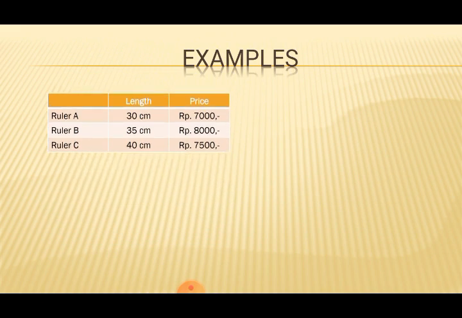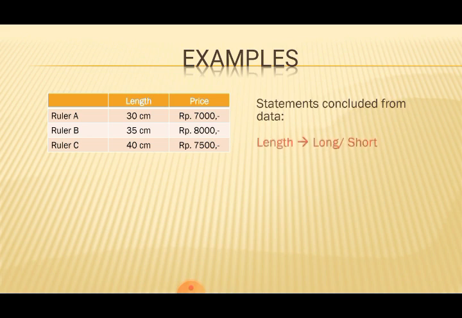Okay, now let's learn through the examples. I have a data from the table for 3 rulers, ruler A, B, and C, and we will compare its length and price.